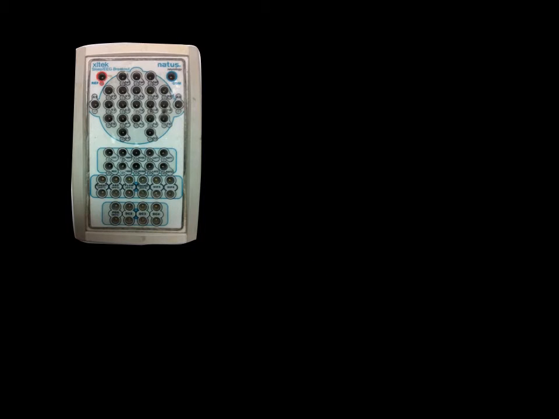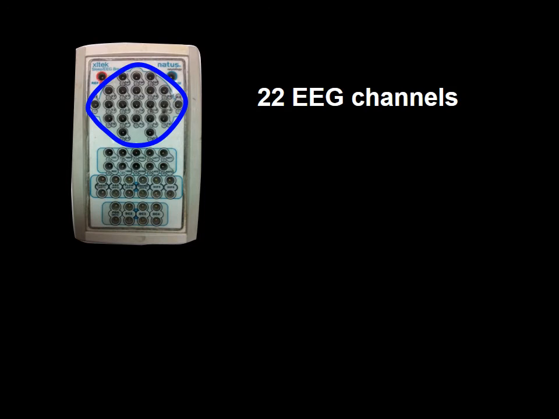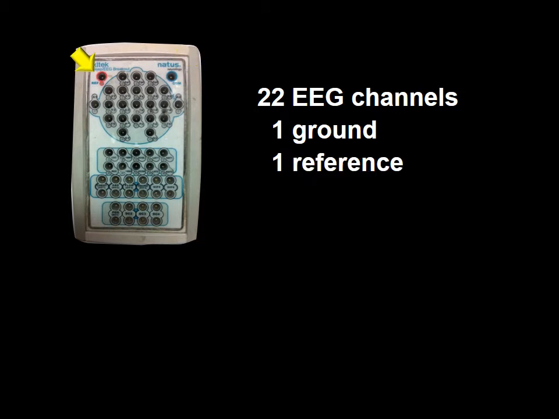This frame shows the input box of the equipment currently used at Nicklaus Children's Hospital, formerly Miami Children's Hospital. It has 22 channels for electrodes within the figure representing the head and ears, 1 channel for the ground, and 1 channel for reference.